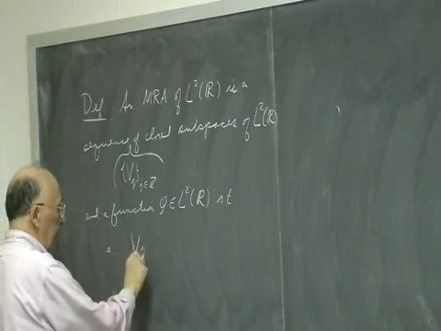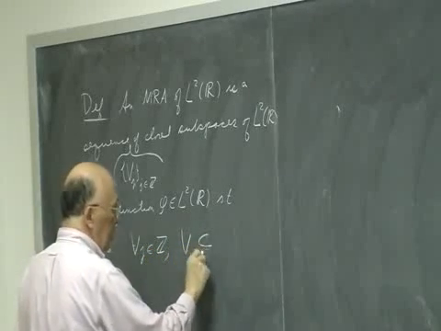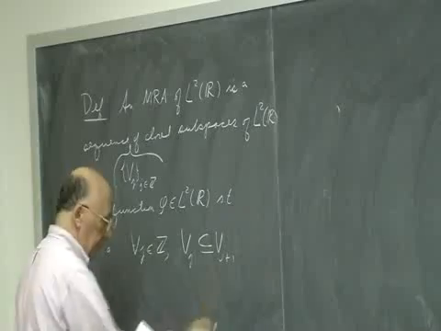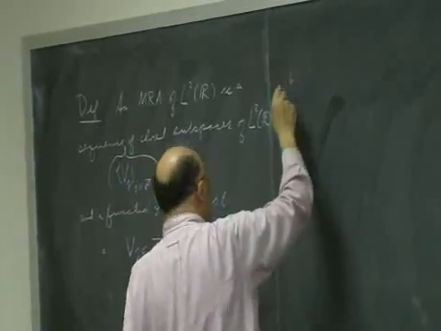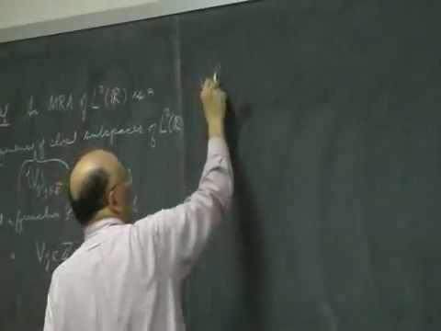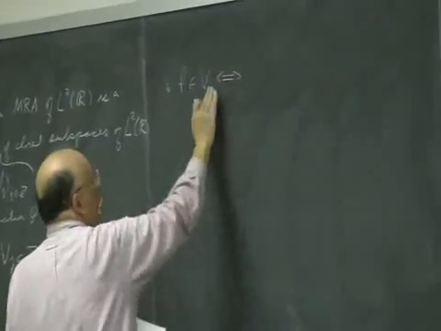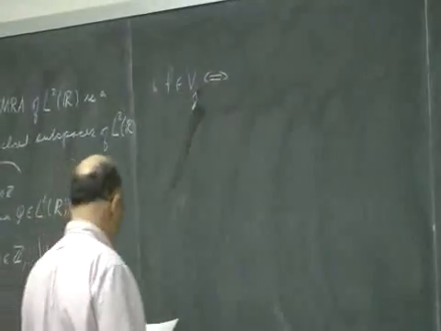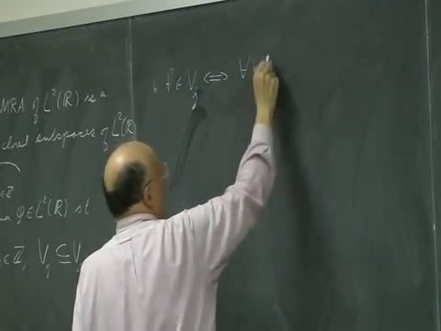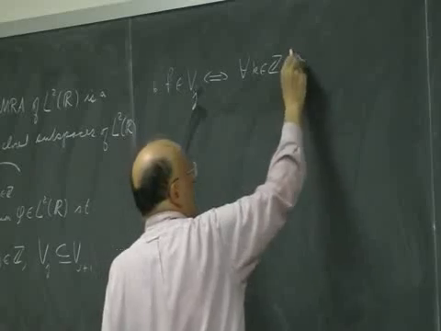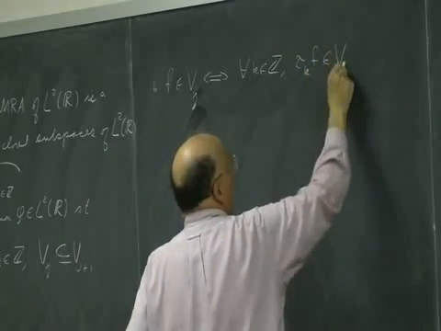A: for all j in Z, Vj is contained in Vj plus 1. B: f belongs to Vj if and only if for all k in Z, the translate by k of f is also in Vj.